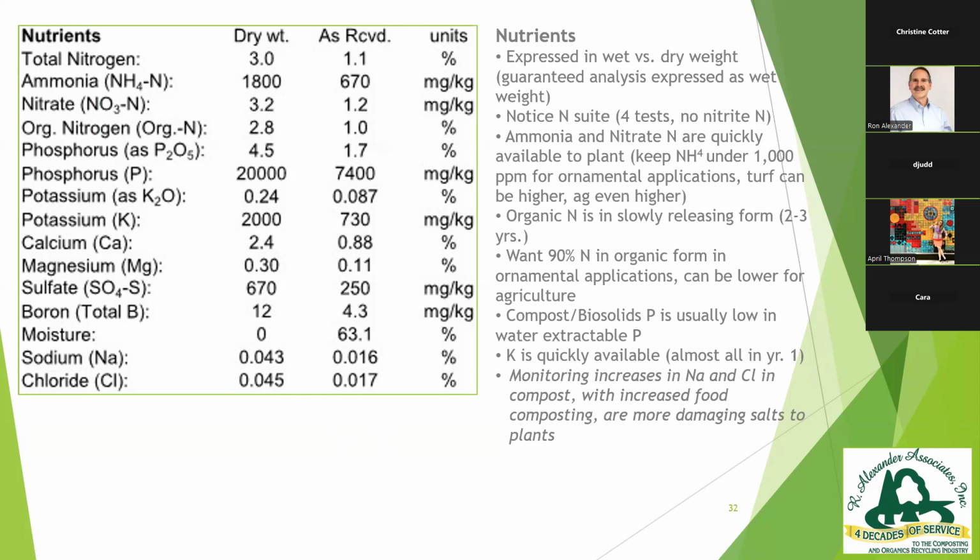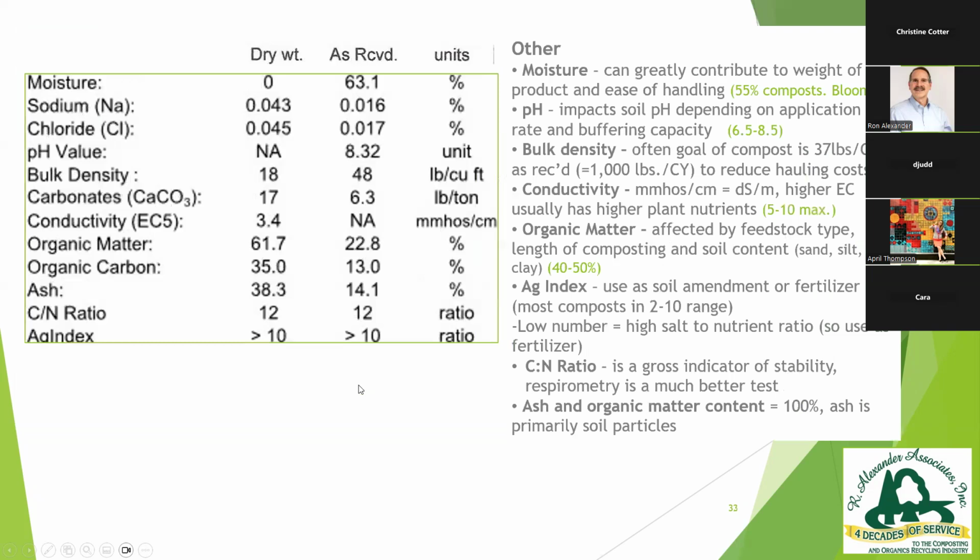They have a very high burn capacity. So that's something the compost industry is monitoring on an ongoing basis now. This test data is for the Bloom Woody blend. It has very, very low sodium and chloride.